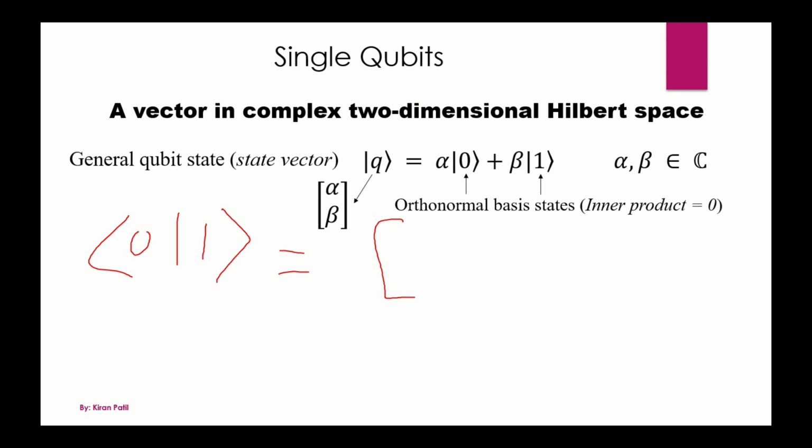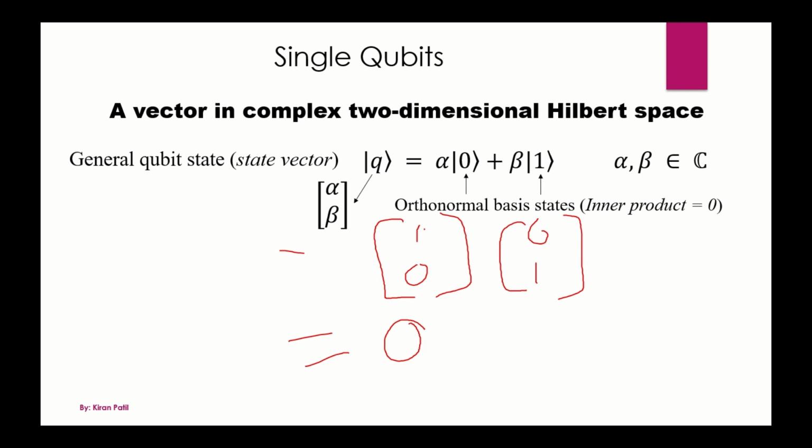If I put the value of 0, that is 1 0, and 1, that is 0 1, and multiply this, we get the output as 0. So when we take the inner product of two different vectors, we get the output as 0. This is nothing but the orthonormal state.